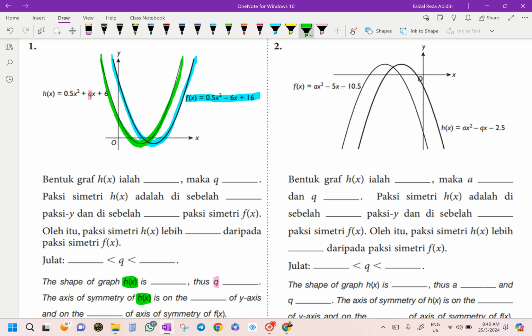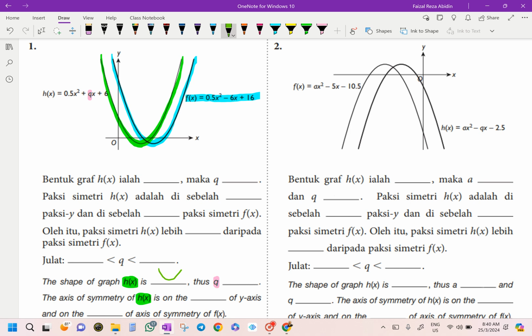So we are going to talk about hx first, the green one. What can you state there? The shape of graph hx is what? Shape. Smiley. Oh, shape dia.